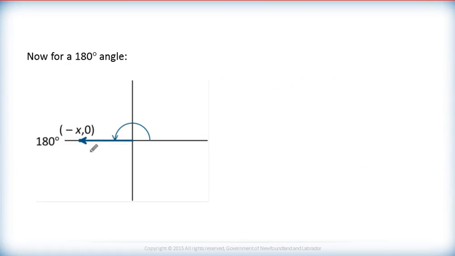For the next one, I'll set it up a little bit. We have the terminal arm going along the negative part of the x-axis, so we actually have a negative x value, but the r value is equal to positive x. That's important. So the cosine of 180 degrees is equal to the x-coordinate, negative x, over the r value, which is the same as positive x. So we wind up with negative 1 when we do the division: negative x divided by x, negative 1.